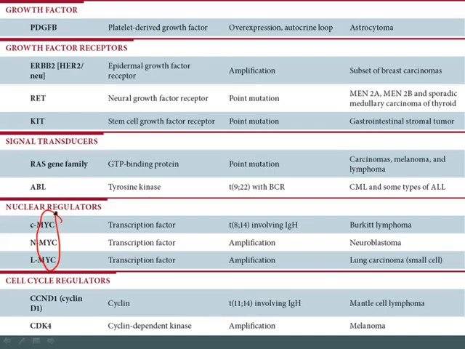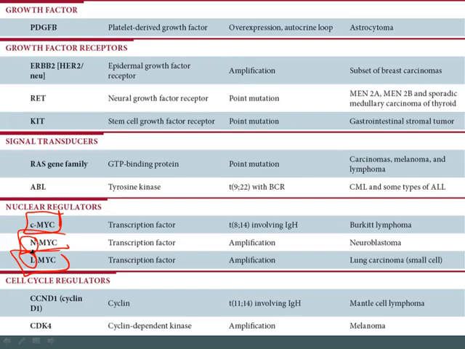And what I would remind yourself of here is that the three key MYCs to be familiar with are c-MYC, which is associated with Burkitt's lymphoma, N-MYC, and the N helps you to remember neuroblastoma, and L-MYC, which is associated with small cell lung carcinoma, and so the L will help you to remember lung.